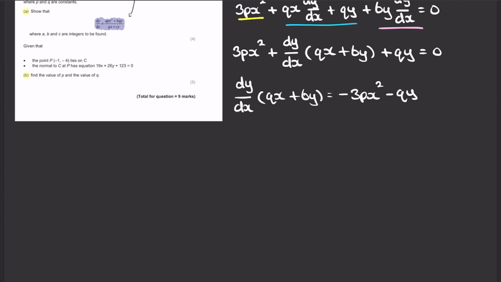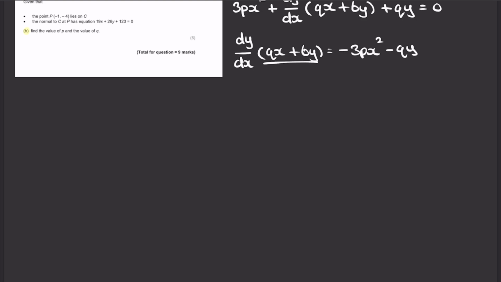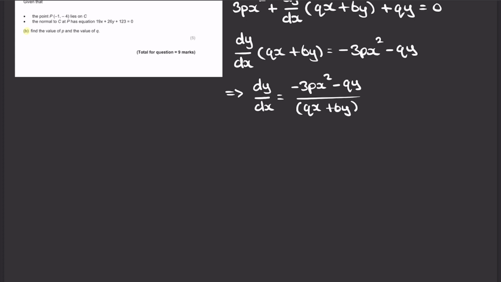Then to get dy by dx by itself, you divide by this value. So dy by dx equals minus 3px squared minus qy all over qx plus 6y. I simply brought this down here and you get a fraction.